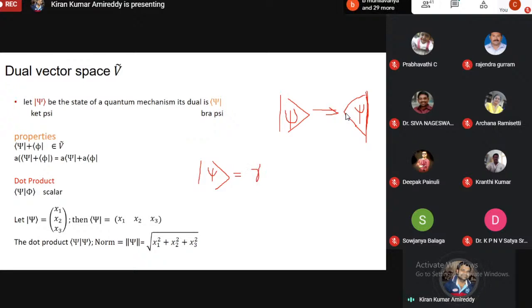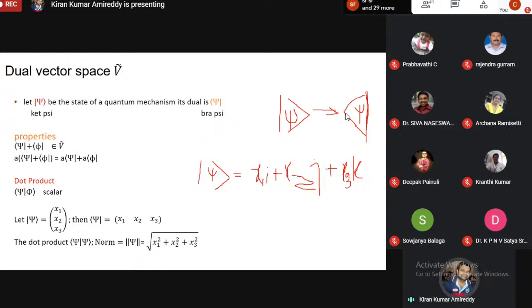Actually, if the basis is i, j, k, for simplicity I'm taking x1 i, x2 j, and then, I am not using the mouse, only my cursor, x3 k.